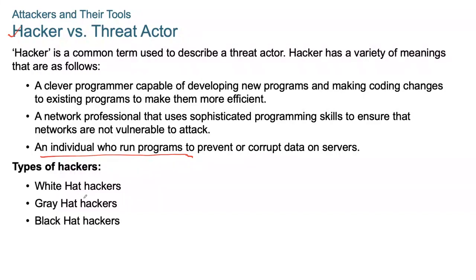There are three types of hackers or threat actors: white hat hackers, gray hat hackers, and black hat hackers. So what do these white hat hackers do? The white hat hackers are the ethical hackers who use their programming skills for good, ethical, and legal purposes only. They may perform network penetration tests in an attempt to compromise networks and systems, using their knowledge of computer security systems to discover network vulnerabilities.